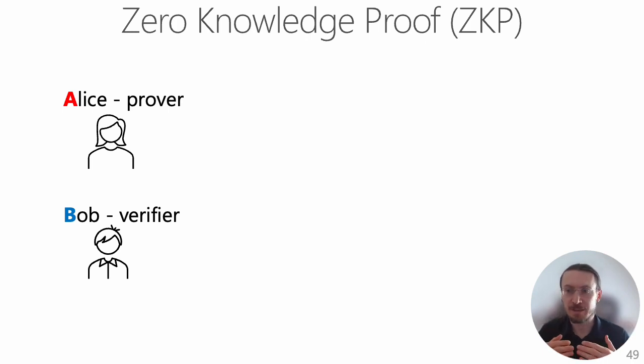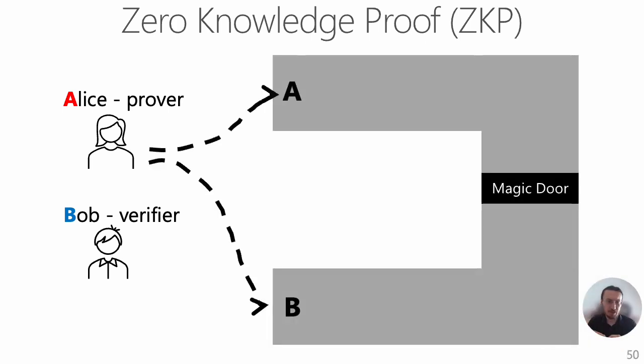So we have the 2 parties in our zero knowledge proof, and one party is Alice, who is a prover, and also we have another party that is Bob, who is a verifier of the Alice secret. So Alice wants to prove to Bob that Alice has some secret. In this case, the secret is a word that can open the magic door.